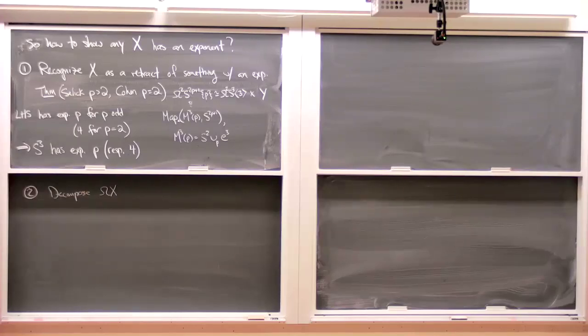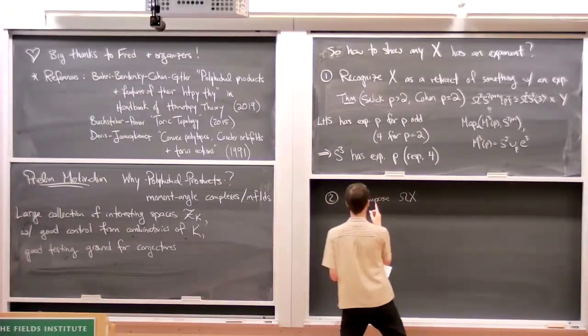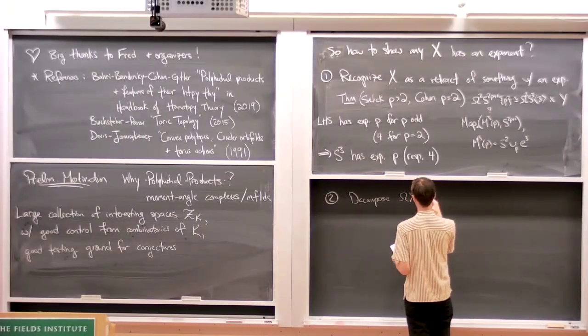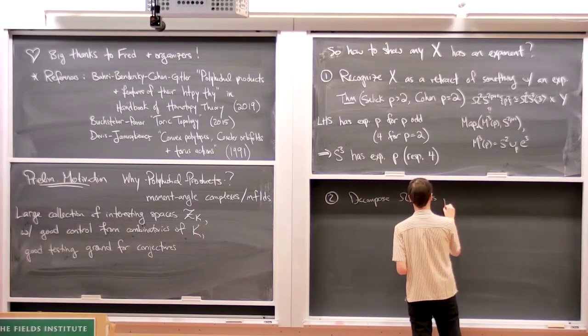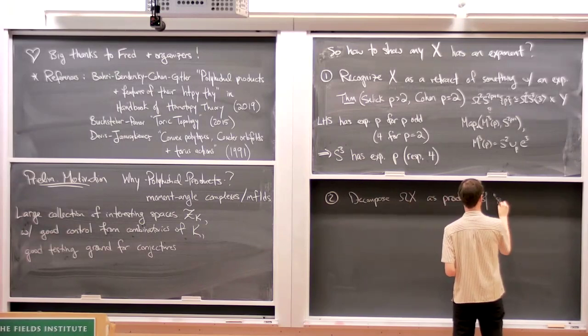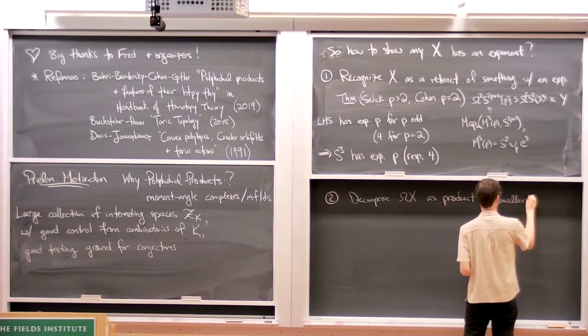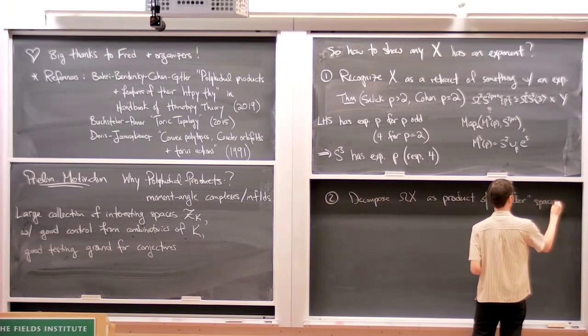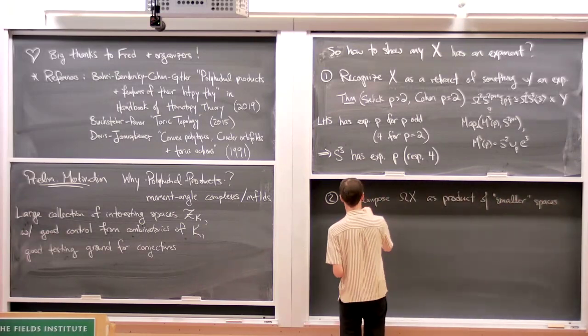Maybe after looping it once or more times, it'll become decomposable up to homotopy theory. So you could try to decompose X as a product of smaller spaces which have exponents.